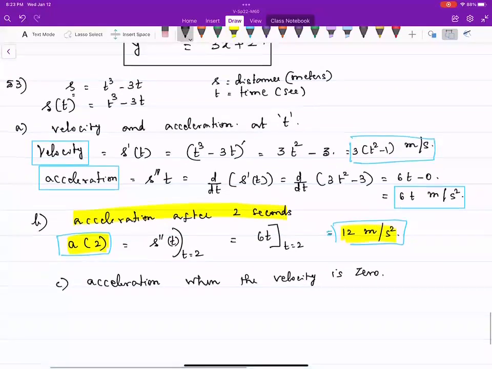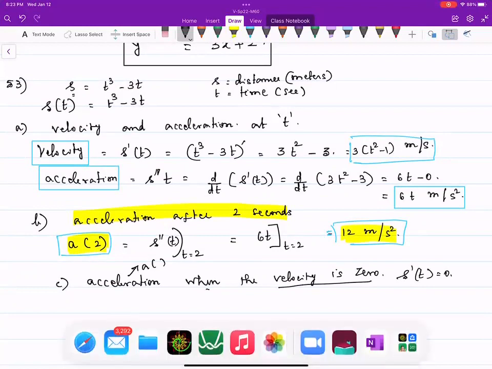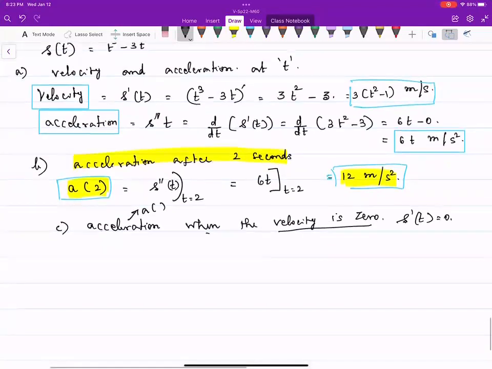So we want to find the acceleration at a specific time. What is that specific time? When the velocity is 0. That is, when s prime t equals 0, right? So we will set the velocity to 0 first. s prime t equals 0. That will make the velocity equal to 0.